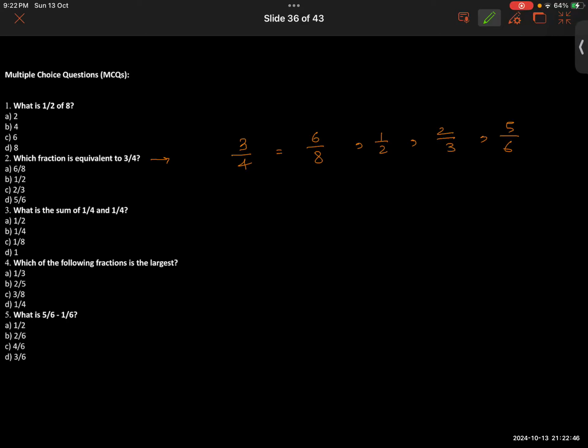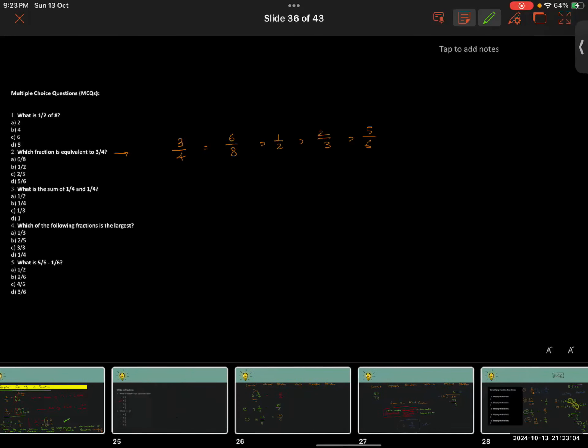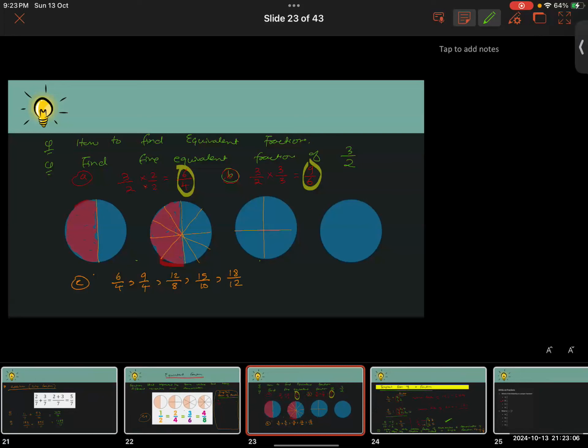Equivalent fractions, we have learned that basically the fractions that represent the same value but with different numerator and denominator. Numerator and denominator can be different, but they show the same value. Let me get you back to that concept. See, for example, look at these circles here.